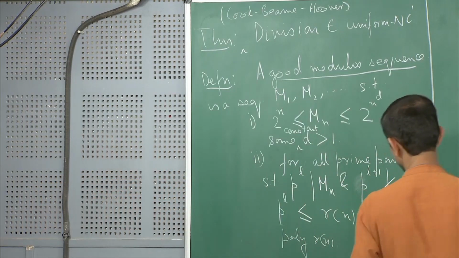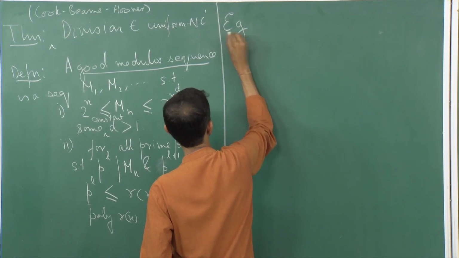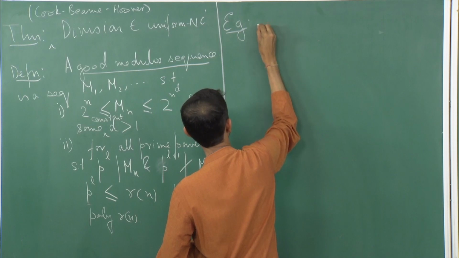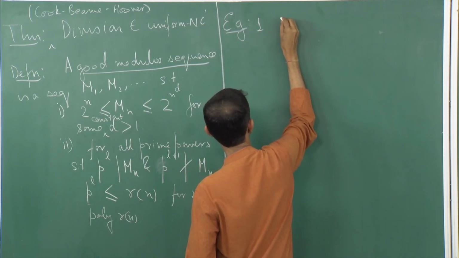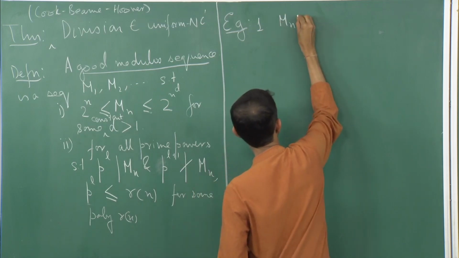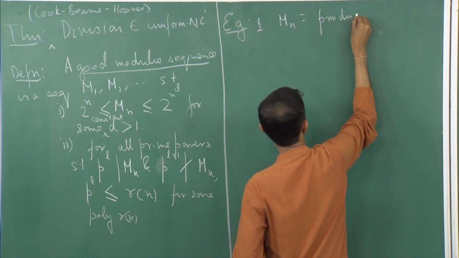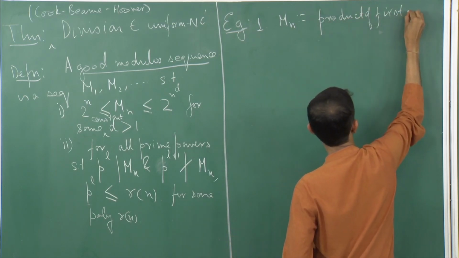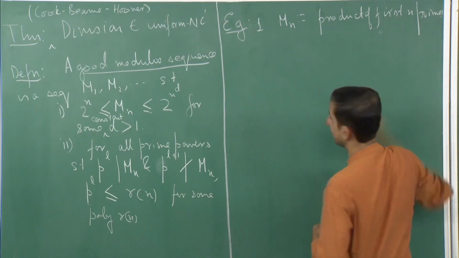So let me give some examples. One example is Mn is the product of the first n primes.